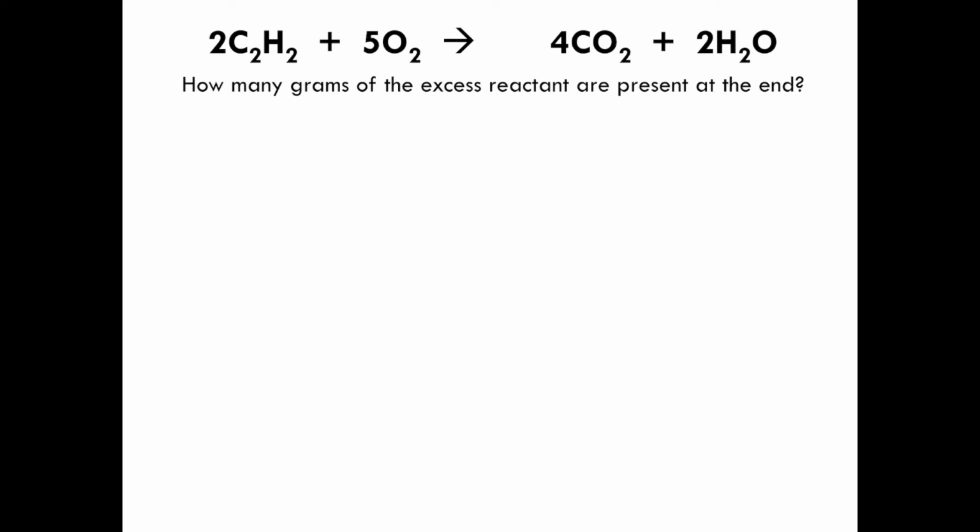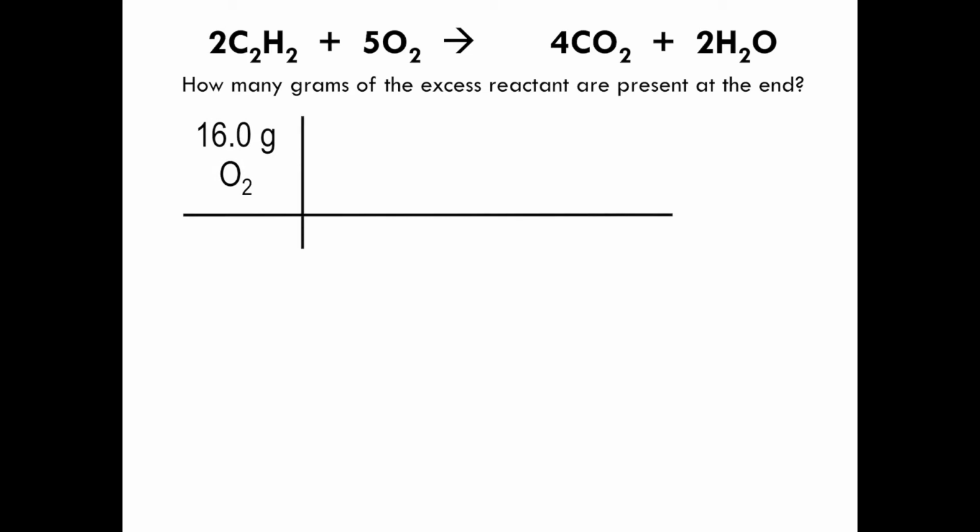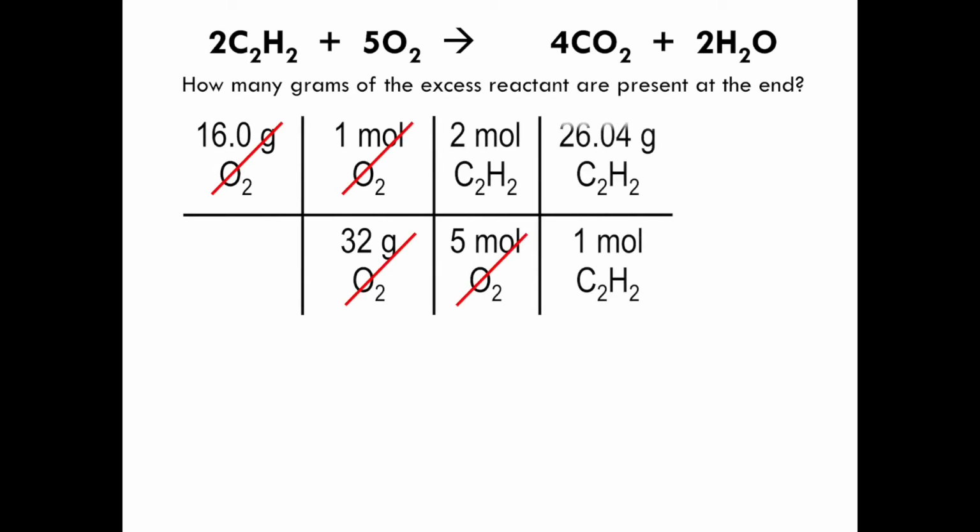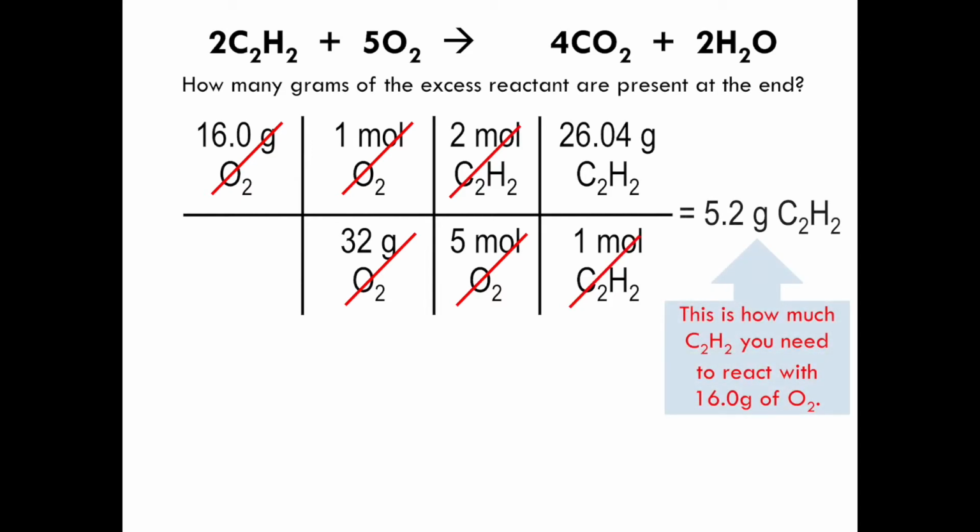This is another kind of question. It says, how many grams of the excess reactant are present at the end? So if you go back and think about the one that we just did, we imagine that this 5.2 grams of C2H2 is what you actually need to use to react with 16 grams of O2.